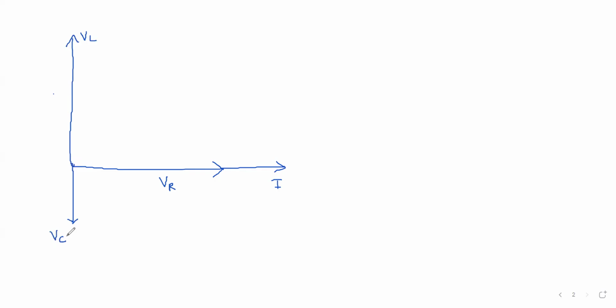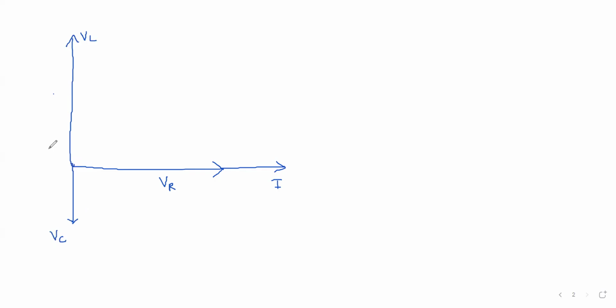So we are combining all three phases individually together. With respect to the current axis, for the voltage across the resistor, there is no phase difference. The inductor voltage is leading with respect to current by 90 degrees. The capacitor voltage is lagging with respect to current by 90 degrees.